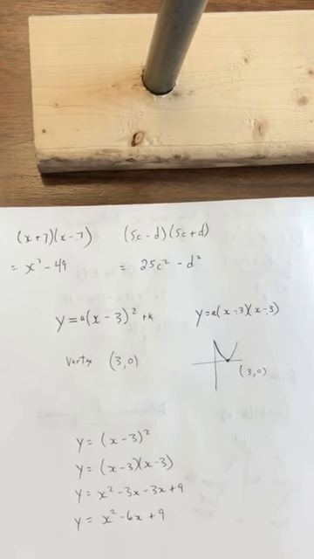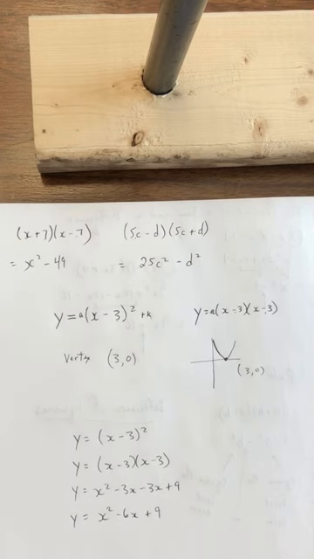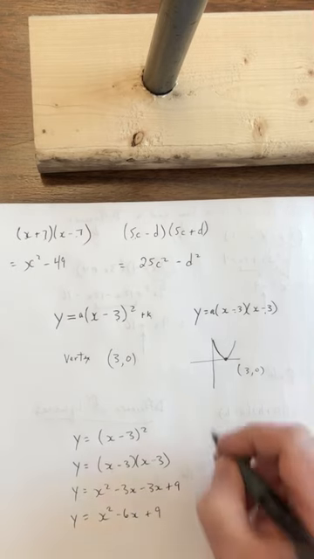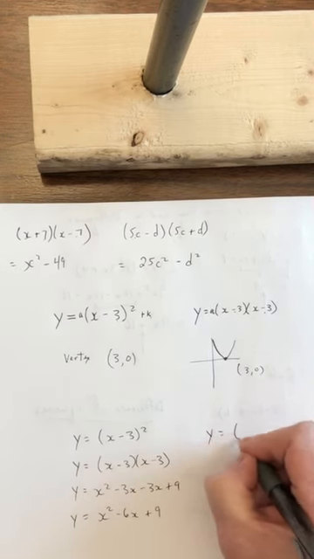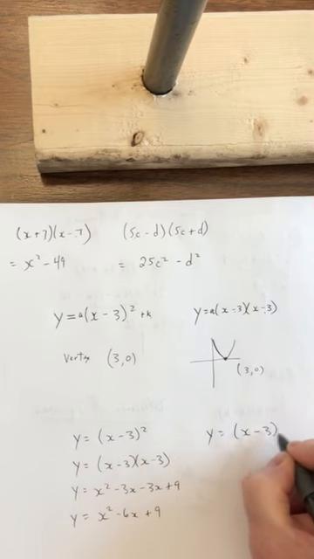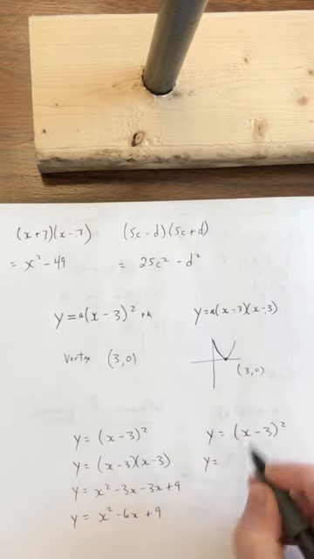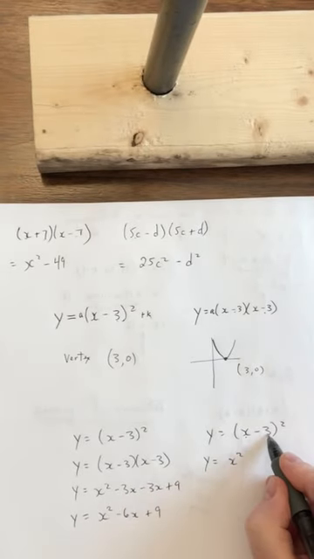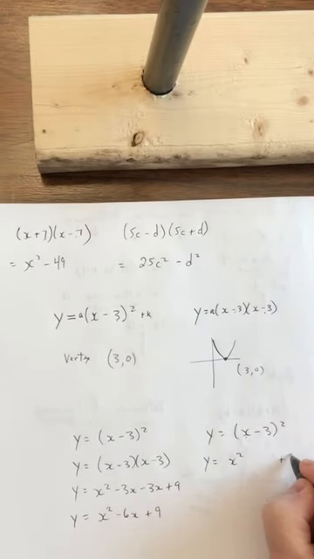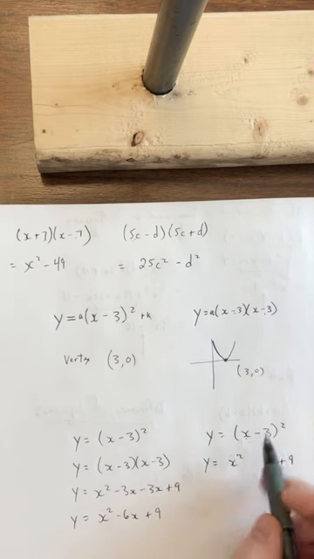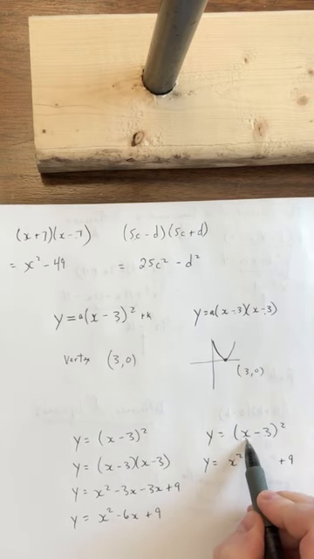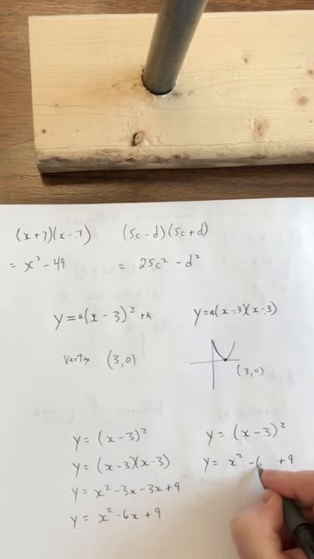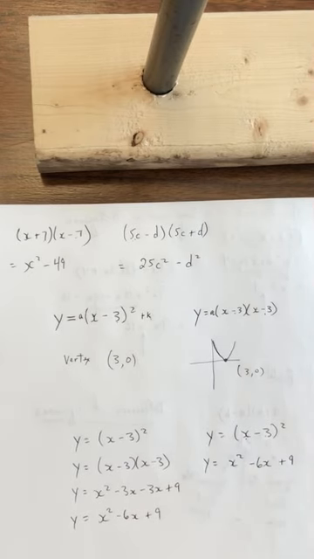So there it is, foiled out. Of course, I'm hoping none of you foiled it out. I hope you used what we learned today. So x squared, negative 3 times negative 3 is positive 9. Negative 3 times x is negative 3x. Double it, you get negative 6x.